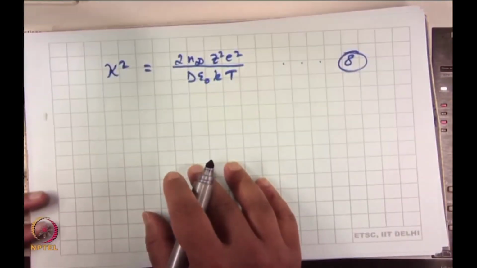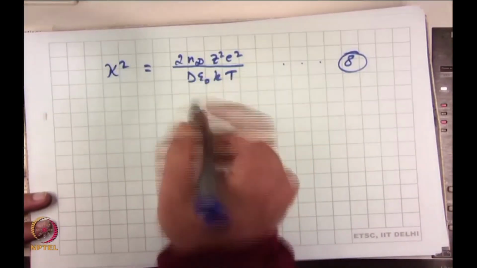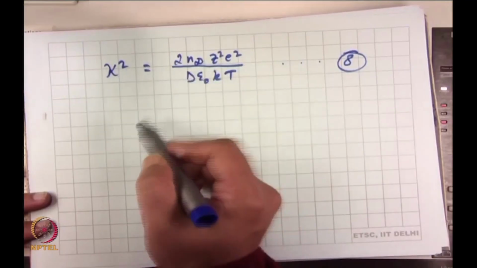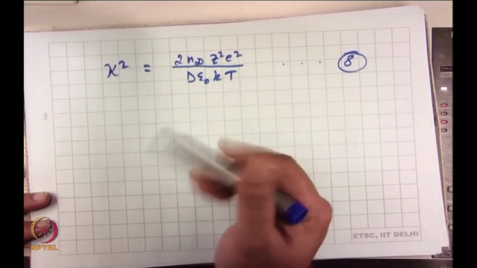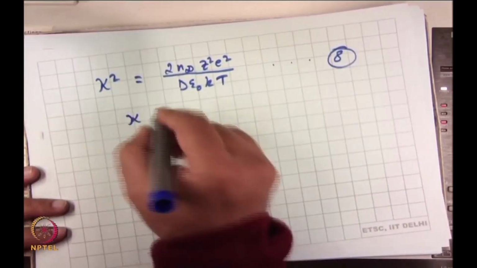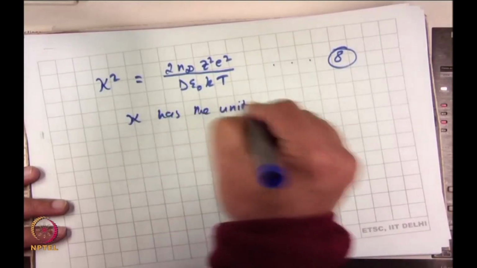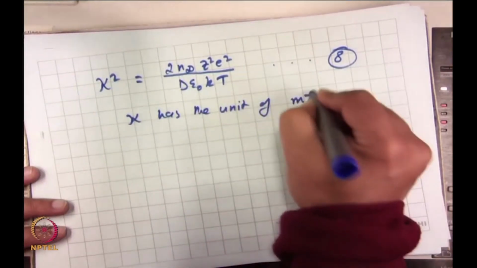Now, what is the relevance of kappa squared? Now, let me tell you the relevance of kappa squared. If you put in all the respective values out here, that means the units, I should say, you would see that kappa has the unit of meter inverse.